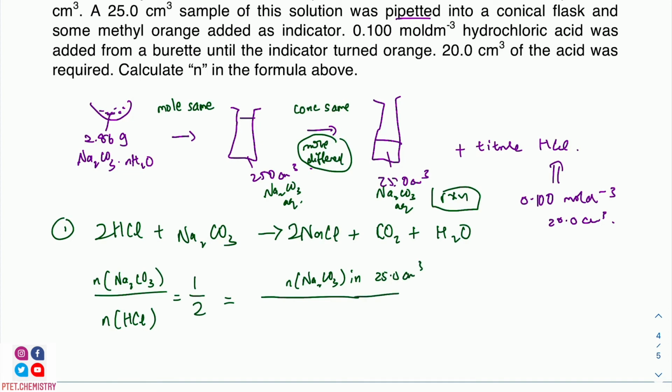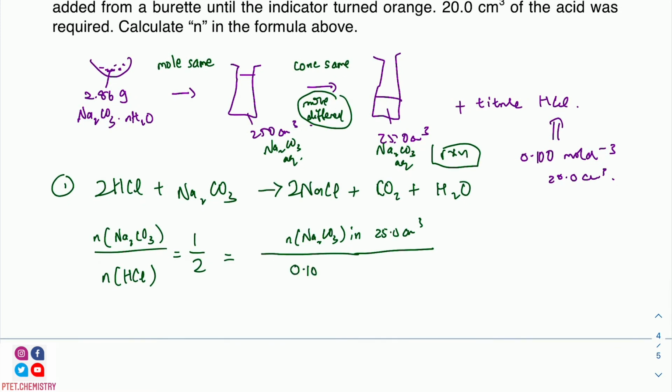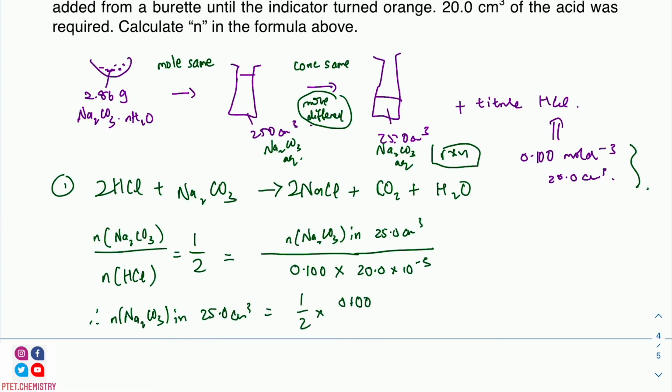So I want to find the mole, so I keep it as the mole. The mole of the HCl that reacts is 0.100 mole per dm cube times 20.0 times 10 to the power minus 3. That is the information given in the question of how much acid actually reacts. Alright, so therefore the mole of the Na2CO3 in 25.0 cm cube is half times 0.100 times 20.0 times 10 to the power minus 3.